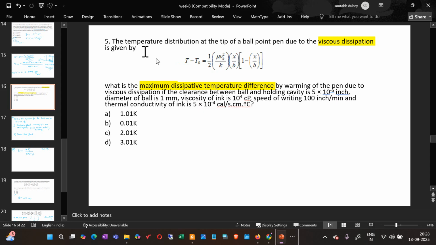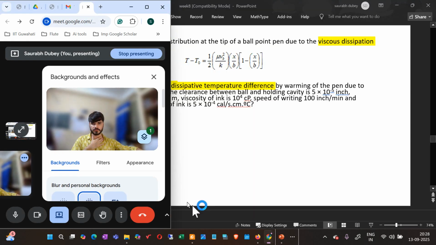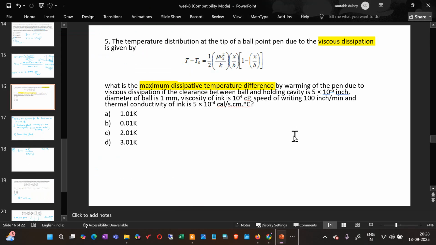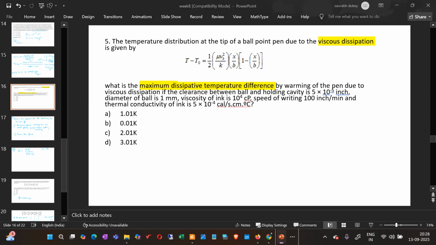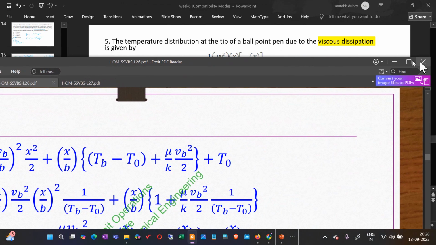In this one also, if you see, the temperature distribution at the tip of the ball point pen due to the viscous dissipation is given by this, T minus T naught equals 1 by 2 Bp square by K, x by B, 1 minus x by B, right? So let's just discuss some more theory and then we will be coming to the derivation part, right? Sorry, questions, right?